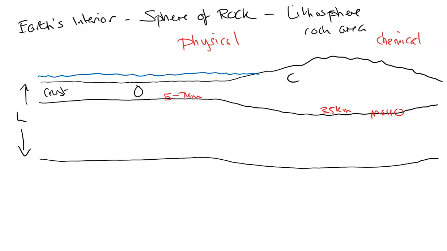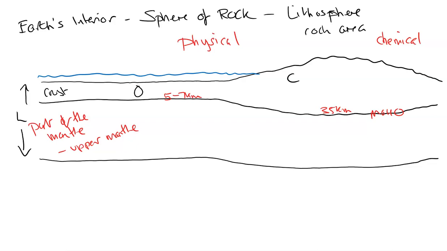Now, lithosphere is part of the mantle in terms of chemically, and physically, it's part of the upper mantle. So think of chemical as the more straightforward 3 layers of the Earth: crust, mantle, core, and the physical being the more detailed 6 layers of the interior, looking at different characteristics than just the composition, which is chemical.